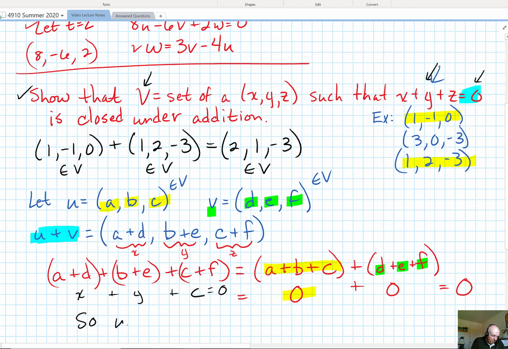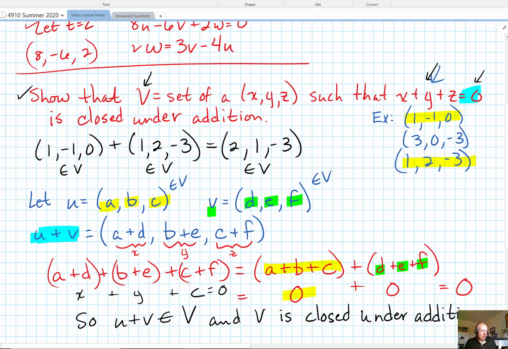So u plus v is also in capital V, and V is closed under addition. So we've just shown that V is closed under addition. Now, in a similar way, we could show that it is closed under multiplication.